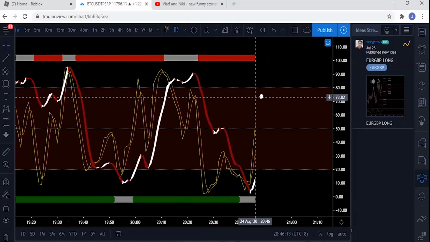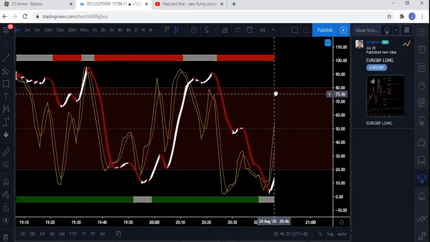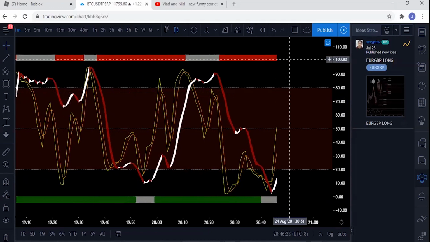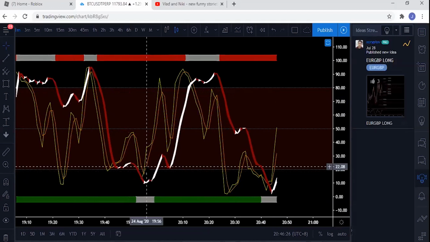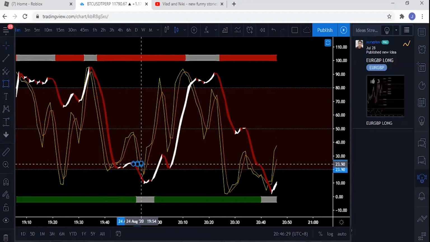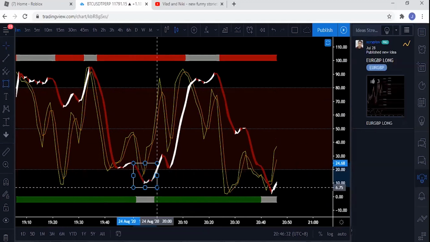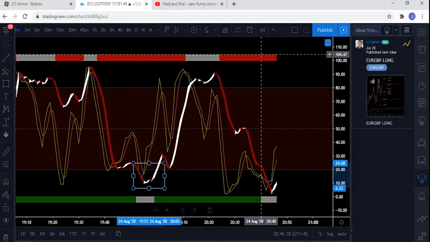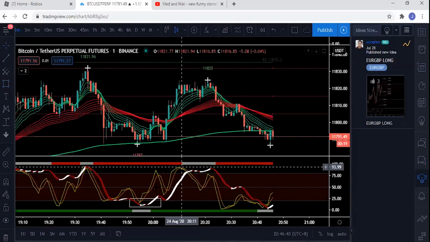For example, in this area, this is a no trade zone.